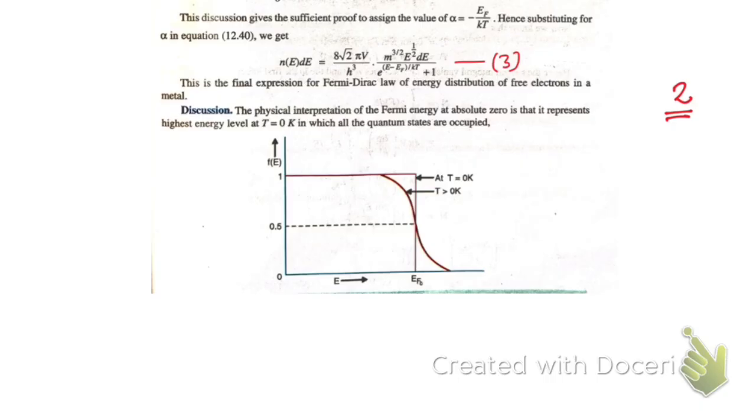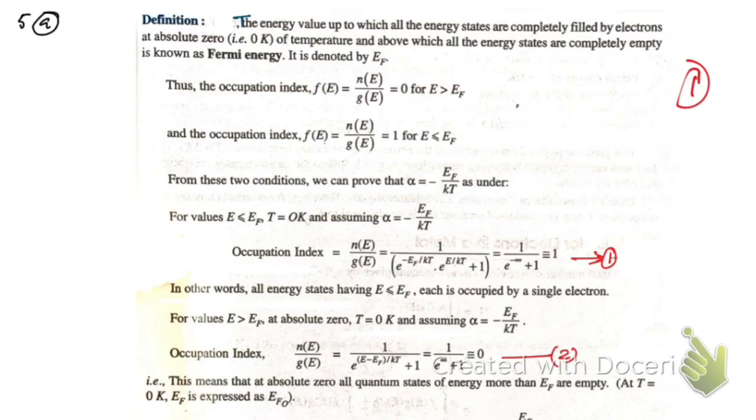So this EF and EFO, let me show you something. This EF can be expressed as EFO. So in the question, instead of EF and EFO you're going to write epsilon F and epsilon FO as mentioned in the question.